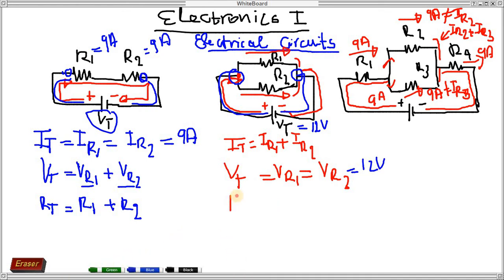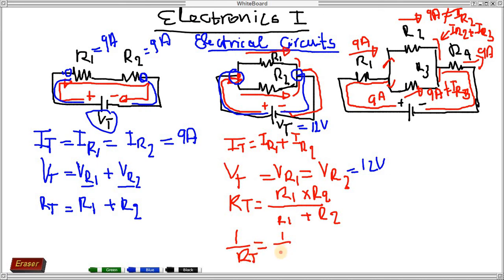Then, to calculate the total resistance in a parallel circuit: if you deal with only two resistors, as in this case, it's going to be R1 times R2 over R1 plus R2. But if you deal with more than two resistors, we can write 1 over R total equal to 1 over R1 plus 1 over R2 plus dot dot dot, for the number of resistors that you have.